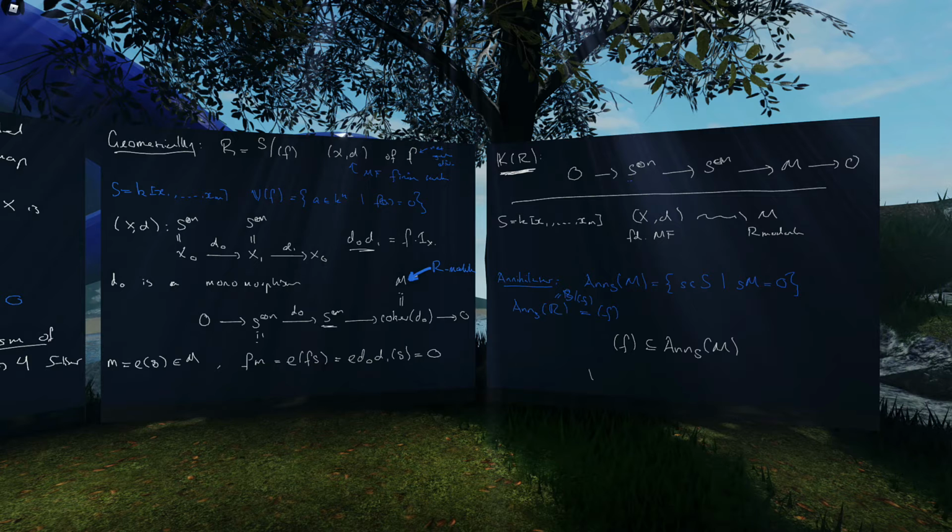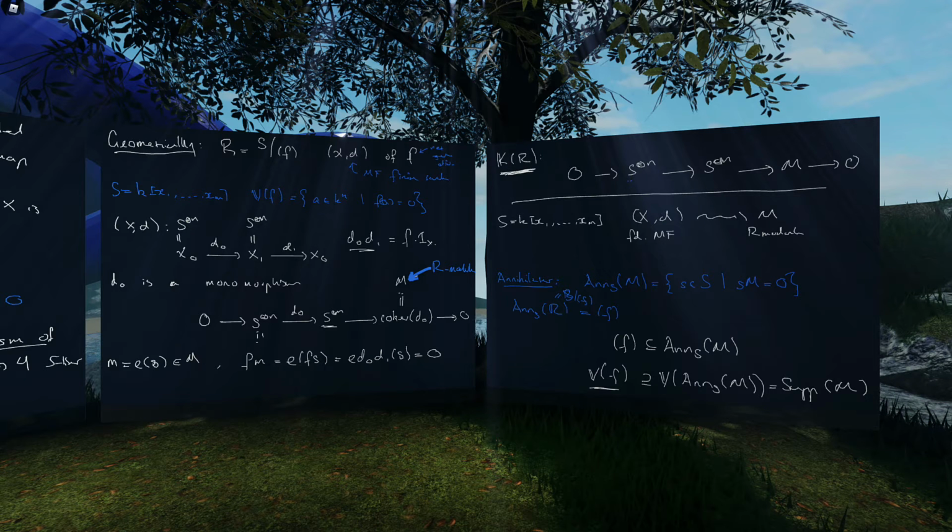So we can apply this, and we end up associated to this annihilator an algebraic set contained in the algebraic set associated to this polynomial F. And this is also called the support of M.